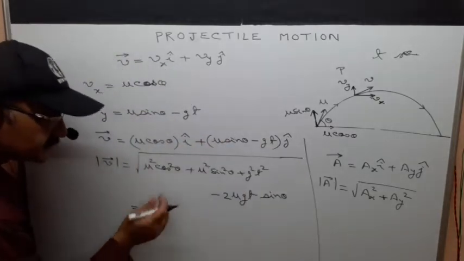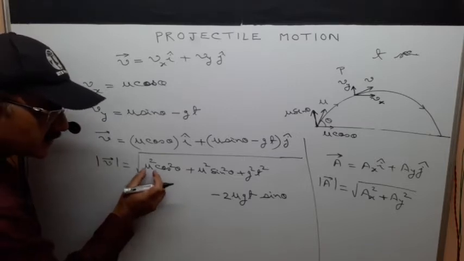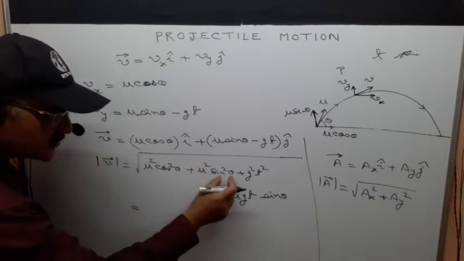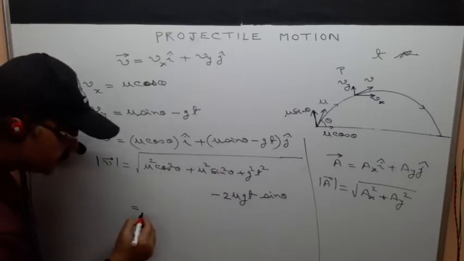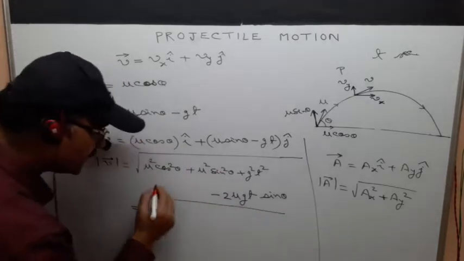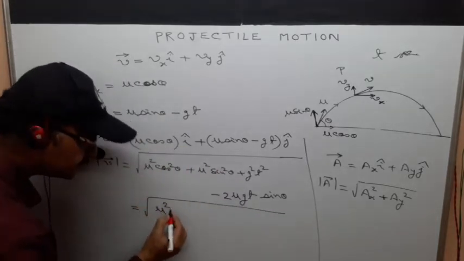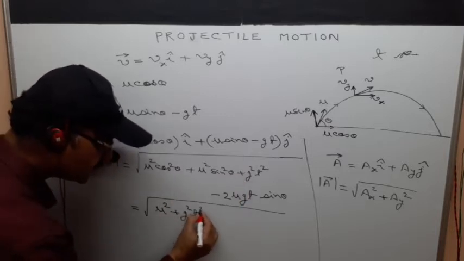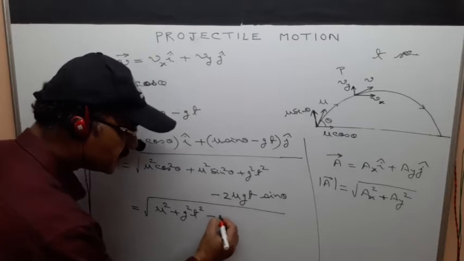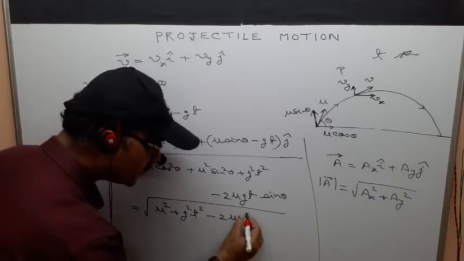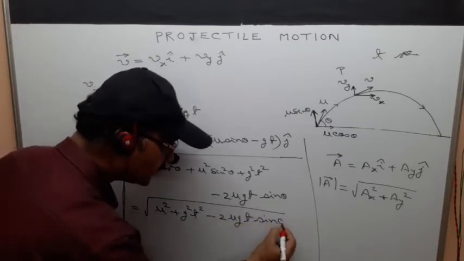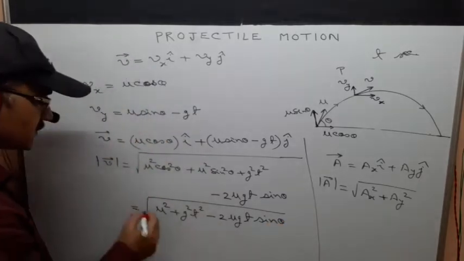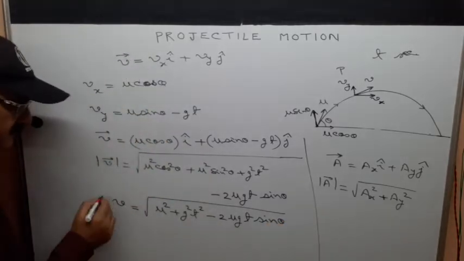So here if you take u square common, you will get cos square theta plus sin square theta, which will become 1. So what we will get? We will get u square plus g square t square minus twice u g t sin of theta. This is the magnitude of the velocity.